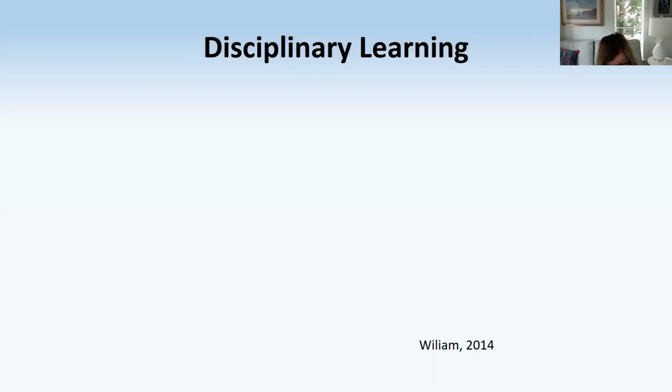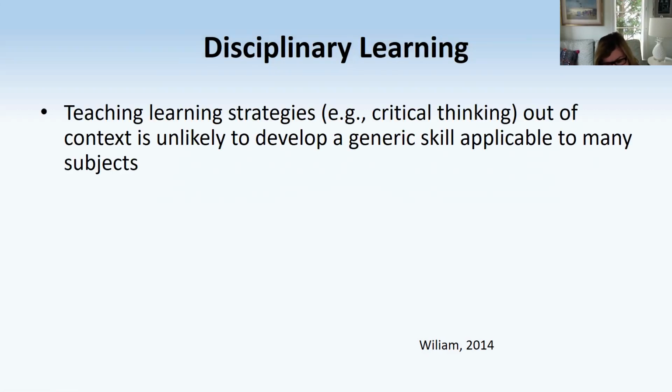So I just want to underscore the importance of learning in the disciplines and how it varies, with these ideas presented by Dylan Wiliam in a paper in 2014. And I often hear, in fact I heard somebody quite recently from a State Department of Education comment that kids really didn't need to learn content anymore.